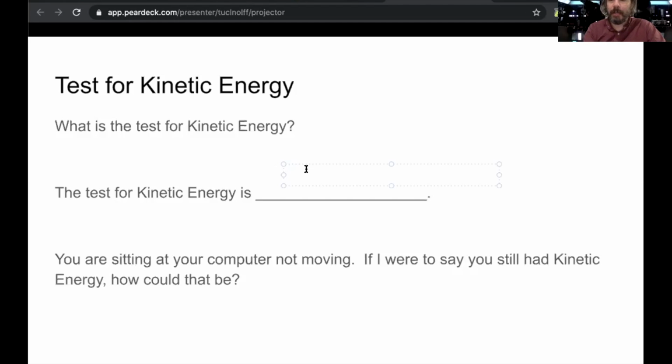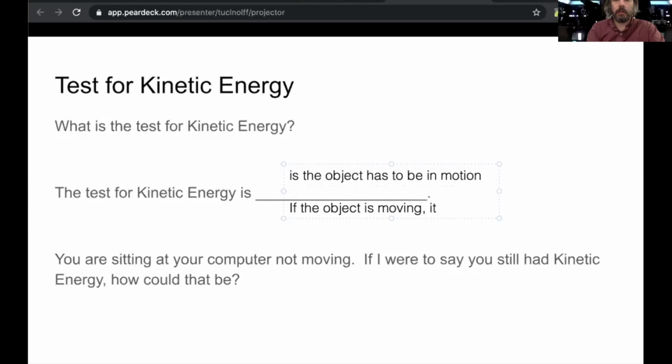So the test for kinetic energy is the object has to be in motion. If the object is moving, it has kinetic energy.